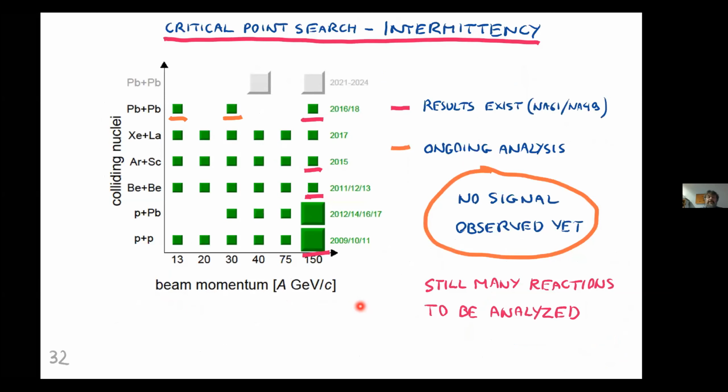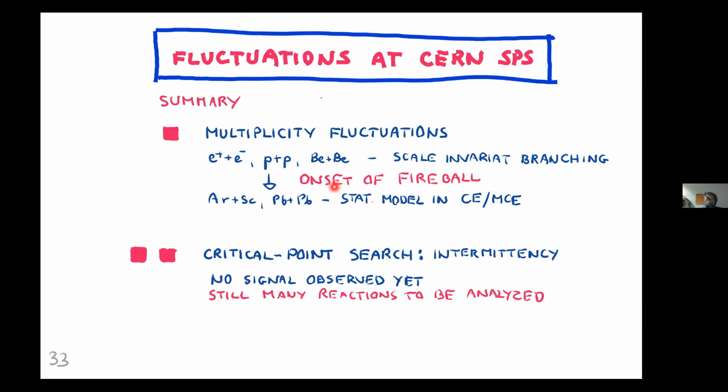But we look only at a very small fraction of the data we recorded. The underlined boxes here are what we already released as preliminary or published, and the others are just under analysis. So there's a lot of work still to continue. Actually, surprisingly, the second part was faster. I am at my summary.